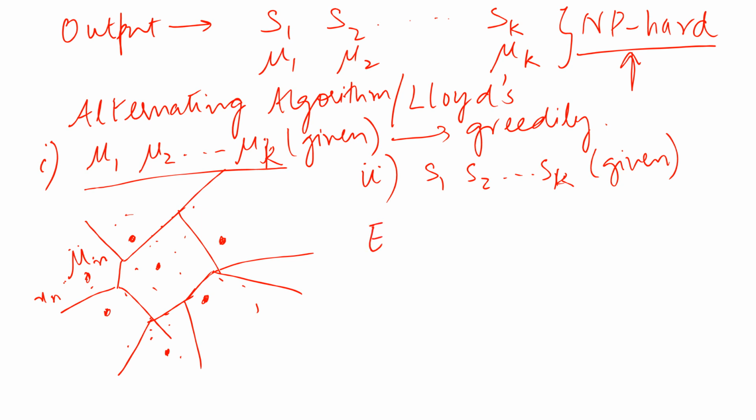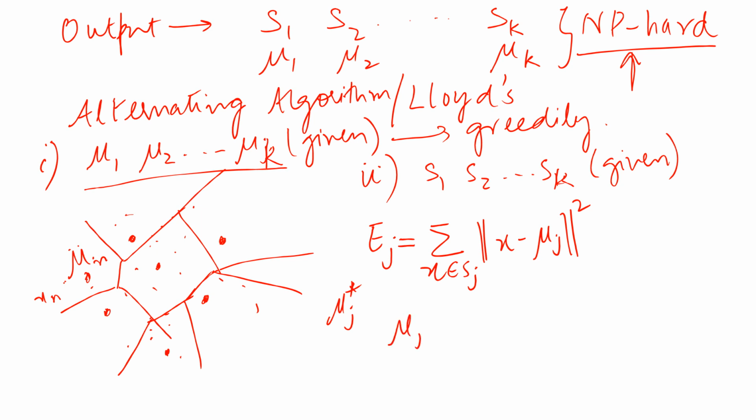Let me show you what I'm talking about. My E_j, if you remember, was something like this: the sum over any x belonging to S_j of ||x minus mu_j|| squared, right? So whatever optimal center I'm looking for, let's say that optimal is mu_j star, this is going to be the mean, right? The optimal center is going to be the mean.